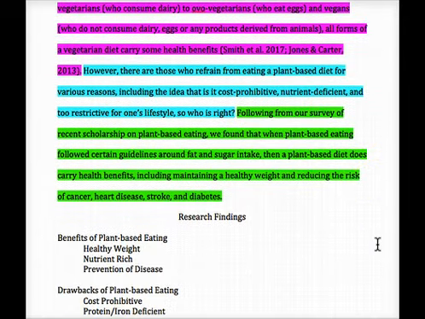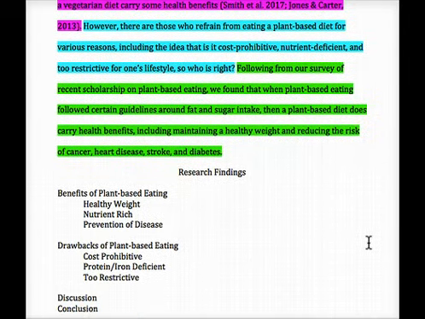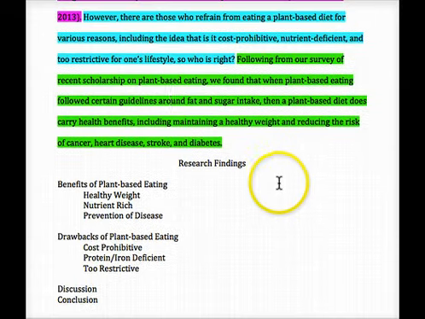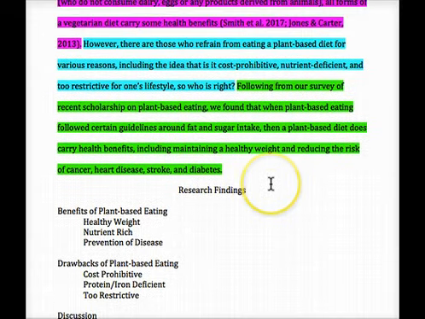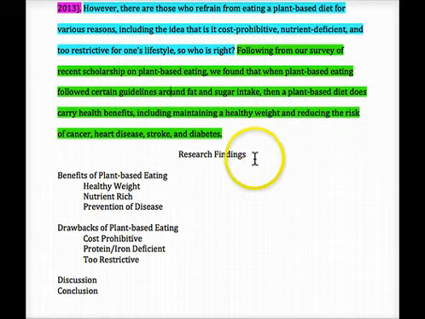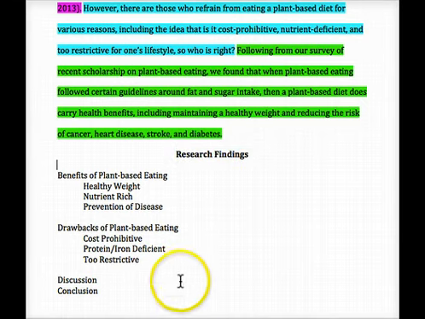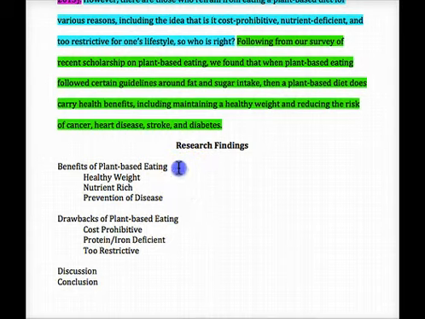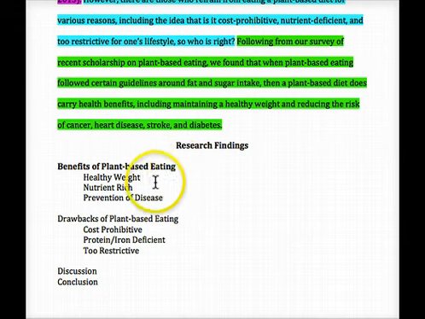So just underneath here, I have a loose outline of what the rest of this paper might look like. I have research findings as the next large section after my intro. Then I'm going to talk about all of the research that I did on the benefits of plant-based eating.